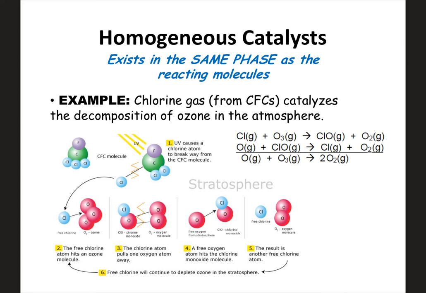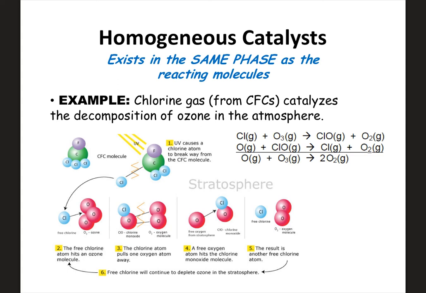This is not something you would need to memorize, but it's actually pretty interesting. They used to use these chlorofluorocarbons, but then what they found is that these chlorofluorocarbons were actually contributing to a breakdown in ozone in the atmosphere. So UV light would cause a chlorine to break away from one of these chlorofluorocarbons.